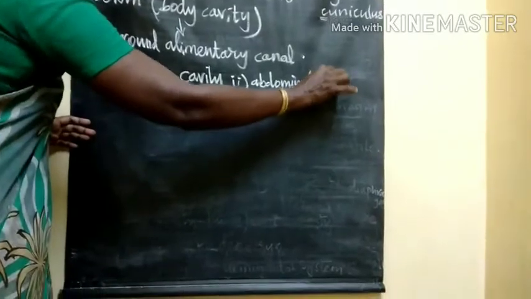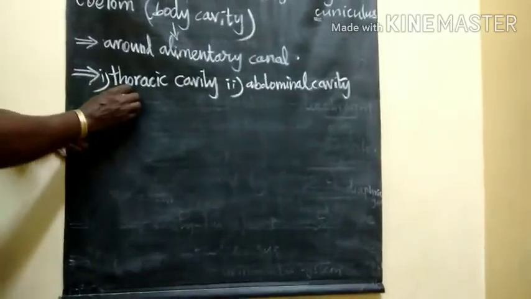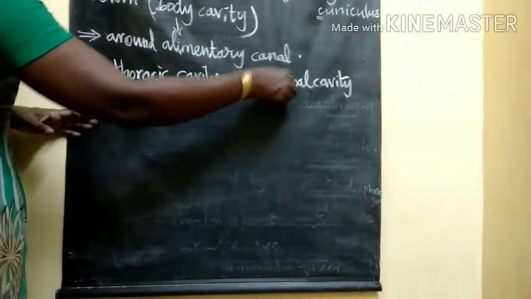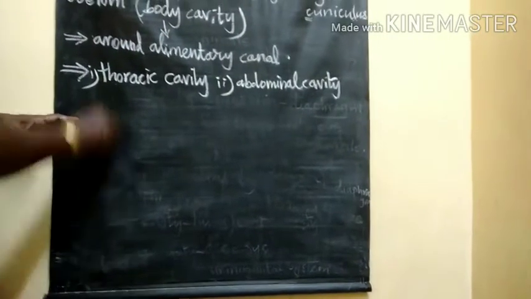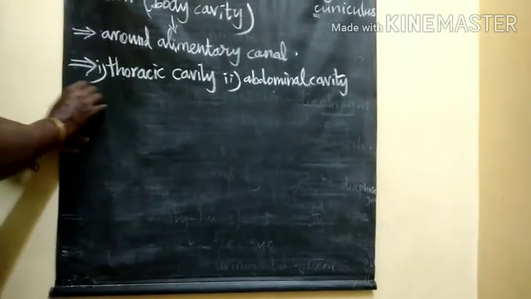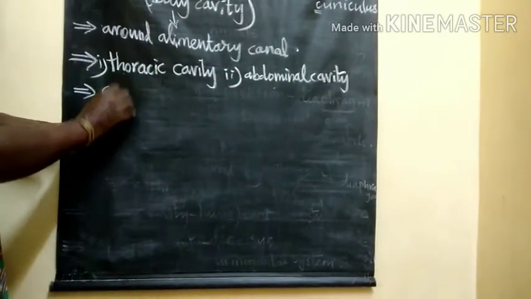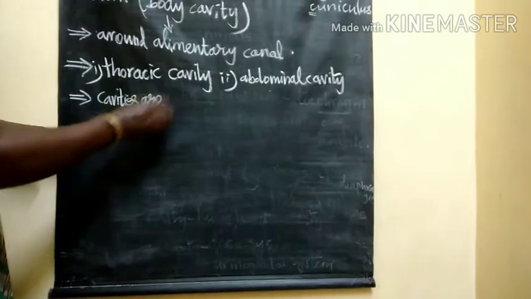The thoracic cavity is seen in the thorax region. Abdominal cavity is seen in the abdominal region. What are the cavities?